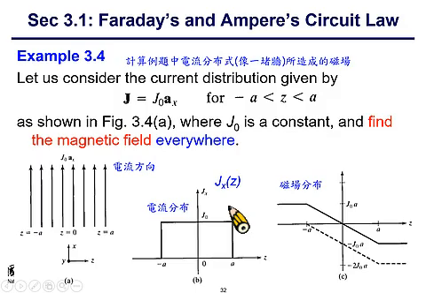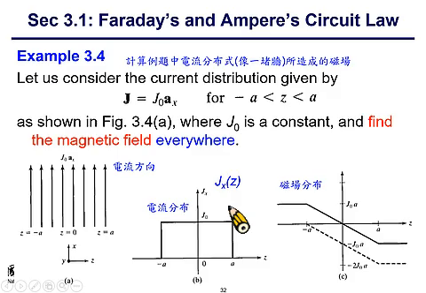So before concluding section 3.1, let's check an example. In this case, we have a current density distribution J. The magnitude is J sub 0, and the direction of the current is the x direction. The currents only exist between z smaller than a and greater than minus a.